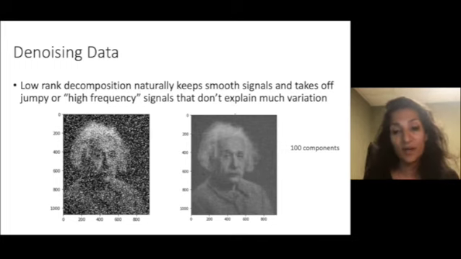So when you chop off the ones that don't explain very much variation, you're usually chopping off noise. And you see that's exactly what happens. The salt and pepperiness of the data goes away. You do get a blurrier picture. You've also denoised the data set. And this is another application of SVD and in turn PCA.